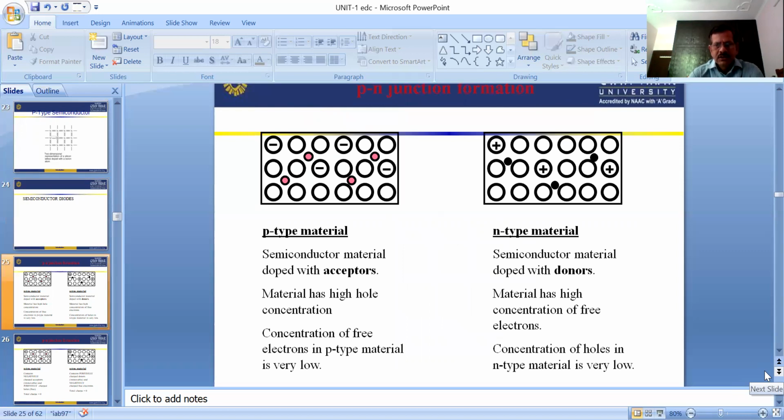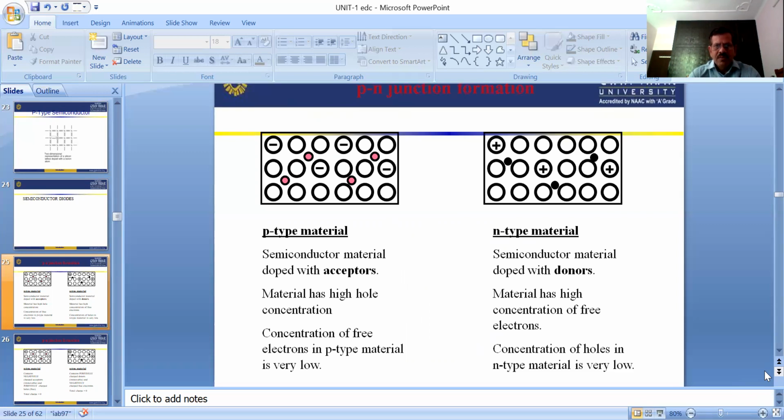Next, we take the semiconductor device, the p-n junction diode. A p-n junction diode is a simple electronic device formed by a p-type semiconductor and an n-type semiconductor.